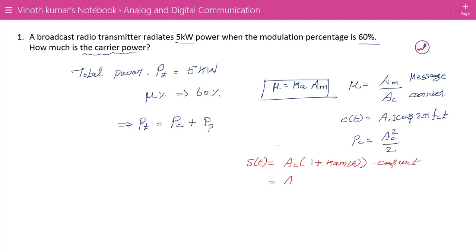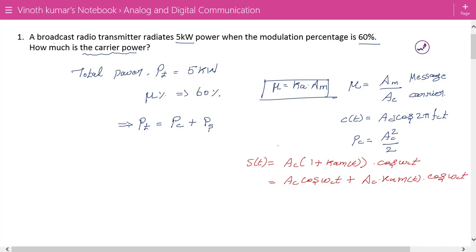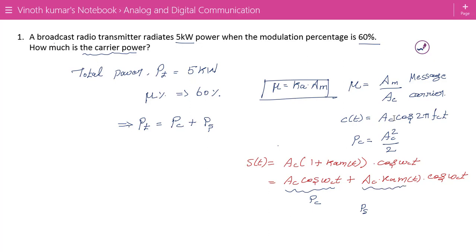So that is expanded as AC cos omega ct plus AC into Ka m of t into cos omega ct. So from this term we have calculated PC, and the sideband power is nothing but the mean squared value of the sideband terms, that is PS is equal to Ka squared AC squared divided by 2 into m square of t.